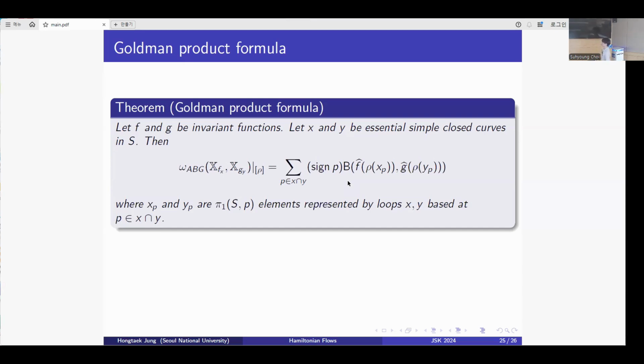And let's say the flows of f with x and g with y are the associated Hamiltonian vectors. If you compute the Atiyah-Bott-Goldman product between these two vectors at the element rho, then you can compute it as the sum of this gadget, and the sum is taken over all the intersection points of x and y.